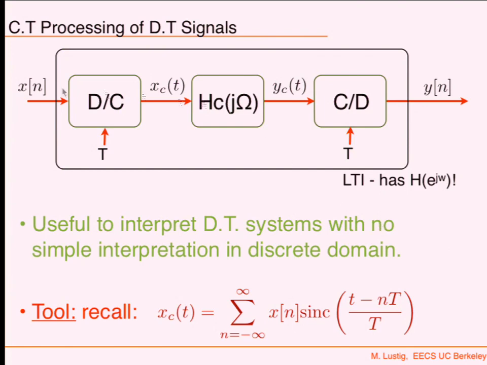Let's take x of n, discrete, and let's reconstruct it with some T. Now let's do some analog processing on it, right? With some analog frequency response to get yc of t. That's the result. And now we're going to sample it again and get back our signal.